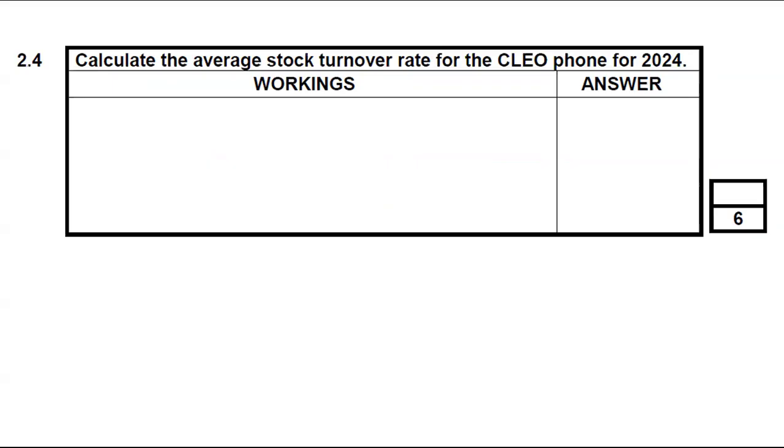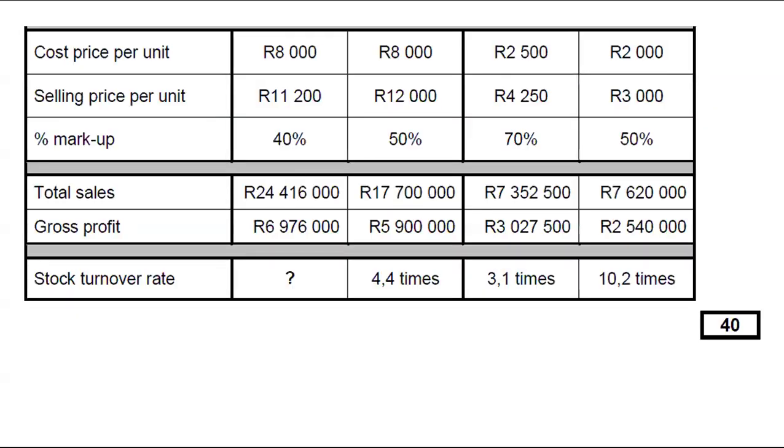The next question wants us to calculate the average stock turnover rate for Clio phone for 2024. Do you still remember the formula? It is cost of sales divided by, what is cost of sales in this scenario? How do we find cost of sales?